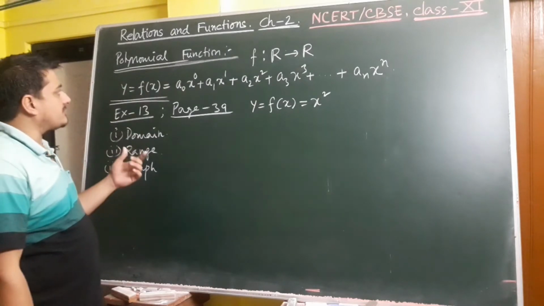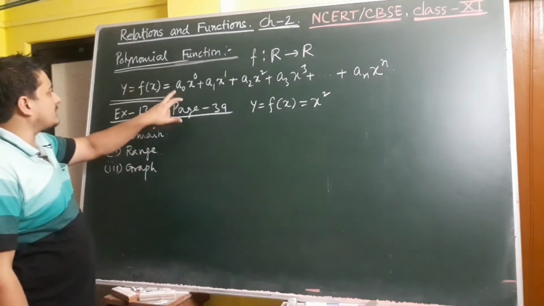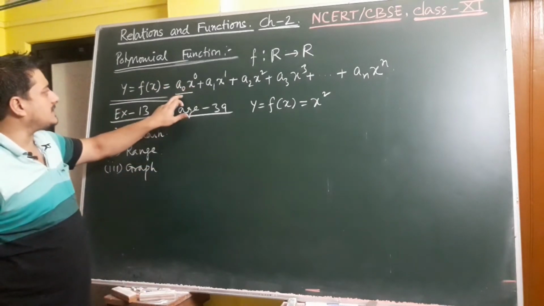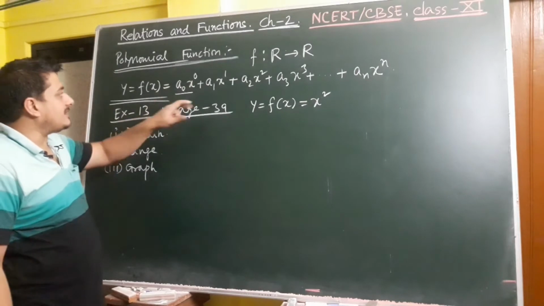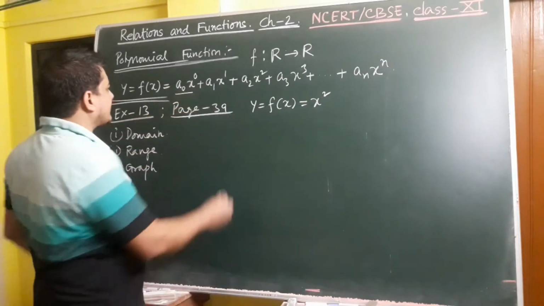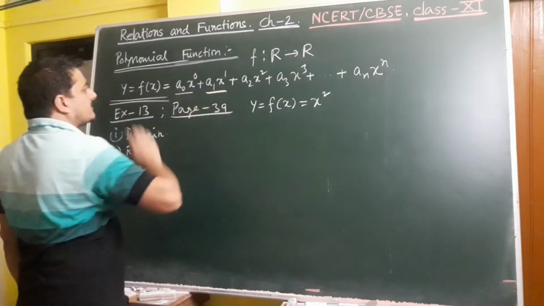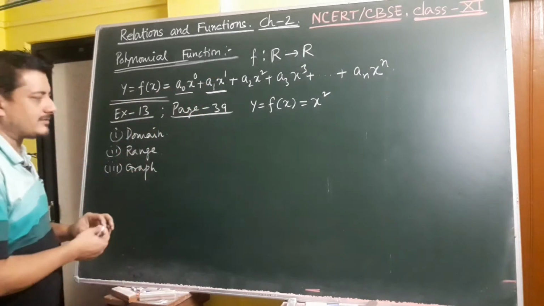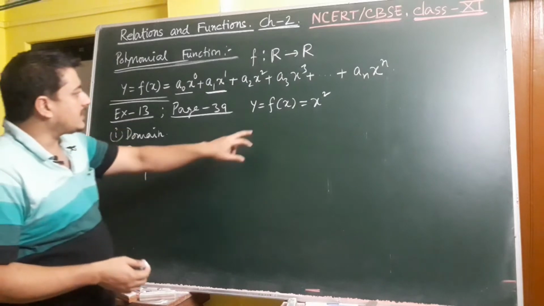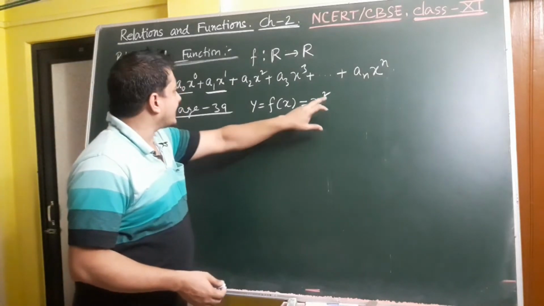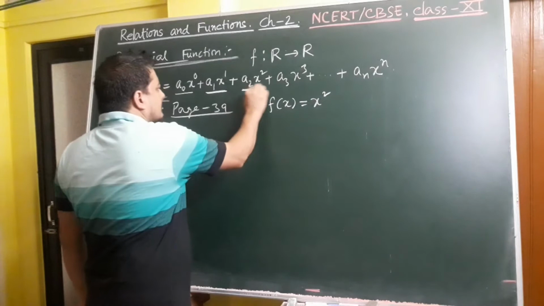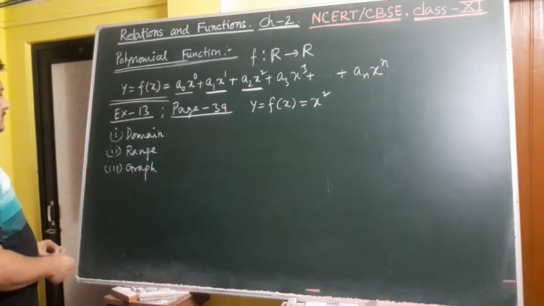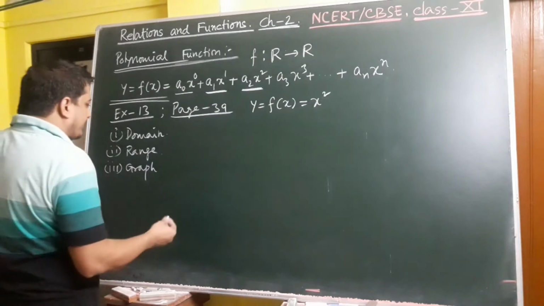Then the constant function is also a polynomial function of only the term a0 x raised to 0, and the identity function is only of the form a1 x raised to 1, that you can check or just think over it. Now we are talking about x square, only this term. So this is a polynomial function. Fine, so let me first prepare the table.